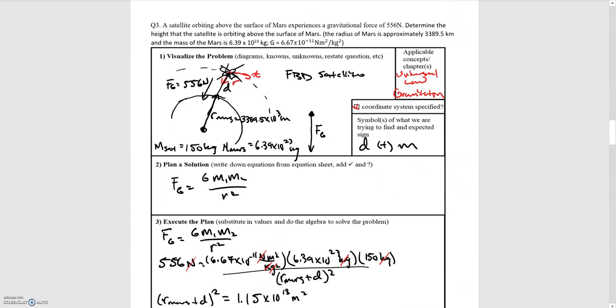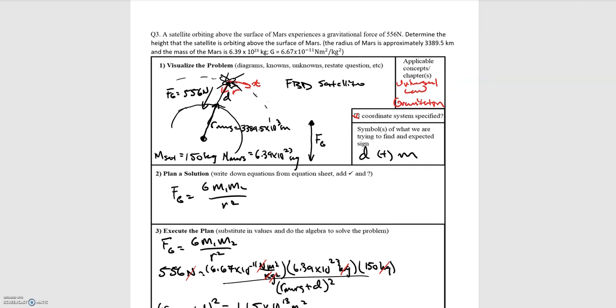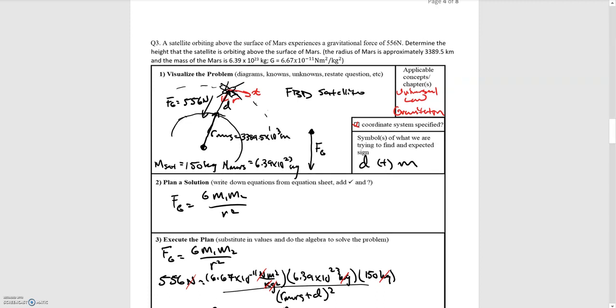Question 3, what do we have here? We have a satellite orbiting above the surface of Mars that experiences a gravitational force. So what you should be saying to yourself as soon as you're reading this is Newton's universal law of gravitation.